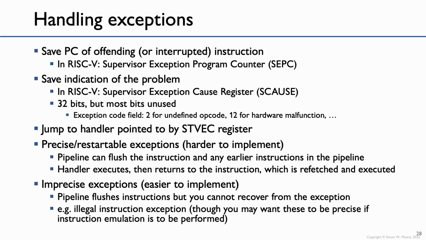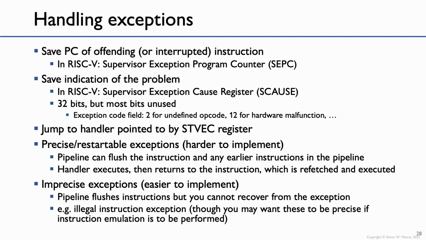On RISC-V, it's a 32-bit value, although at the moment most of those bits are not used. So there's an exception code field. There's a couple of bits that tell you about undefined opcodes, and 12 for hardware malfunctions and things.